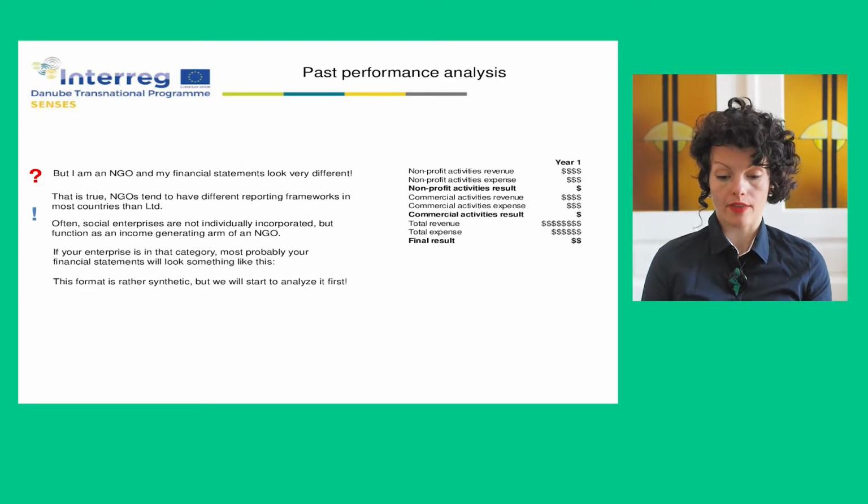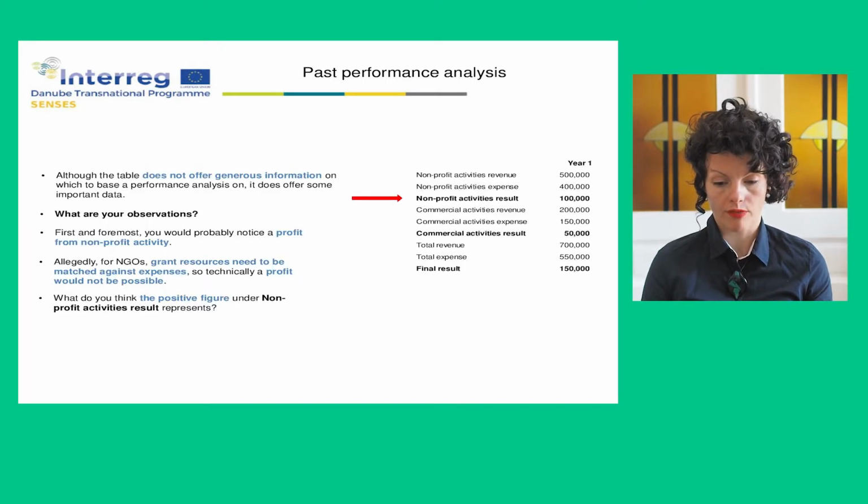This format is rather synthetic, but we will start to analyze it first. Although the table does not offer generous information on which to base a performance analysis, it does offer some important data. What are your observations?